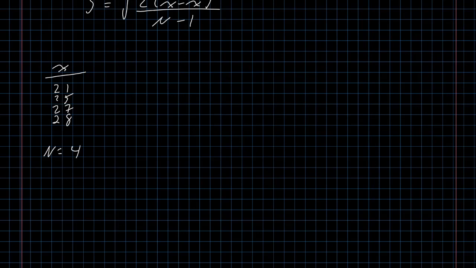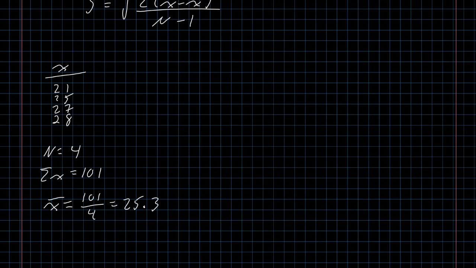In this case, there are 4 of them. We can add all of the scores together. My calculator tells me this comes out at 101, and then we can divide. X bar is 101 divided by 4, which is 25.25, but I'm going to round to 25.3 just to make my life a little bit easier.